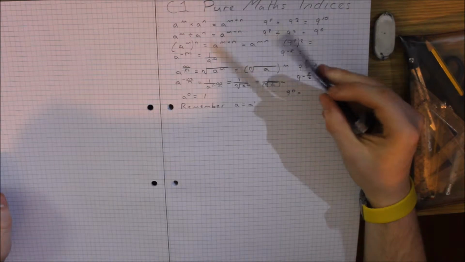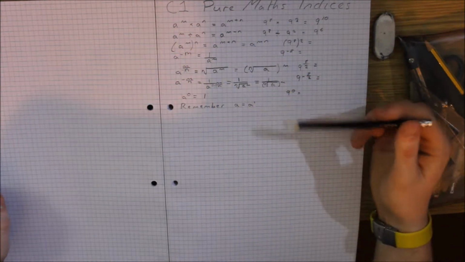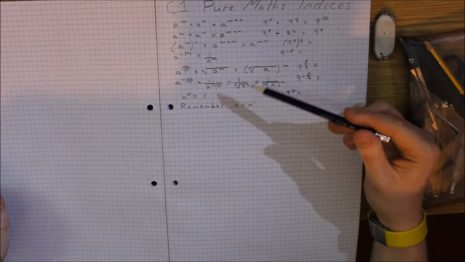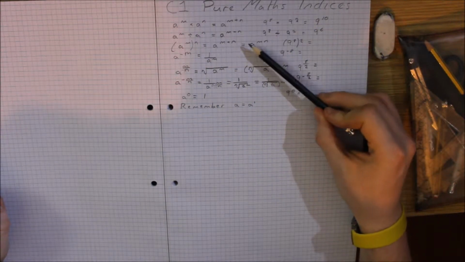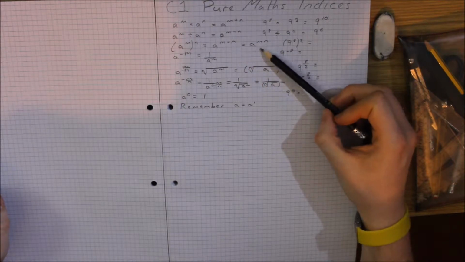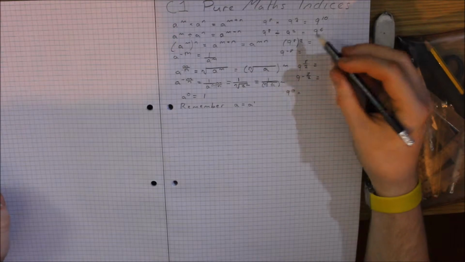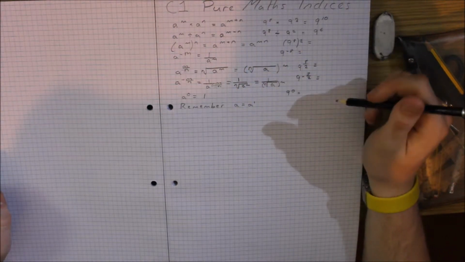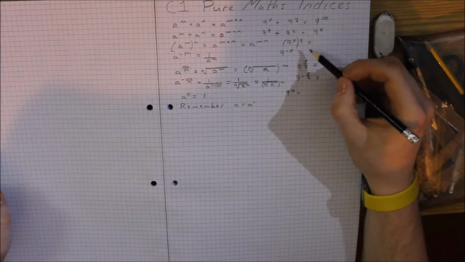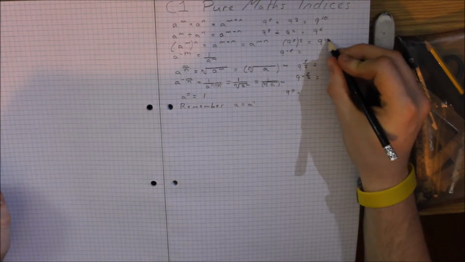Okay, next one: in brackets a to the power of m, end of bracket, to the power of n is equal to a to the power of m times n, which is a to the power of mn. So doing this, we'd get 9 to the power of 8, end bracket, to the power of 2, would be 9 to the power of 16.